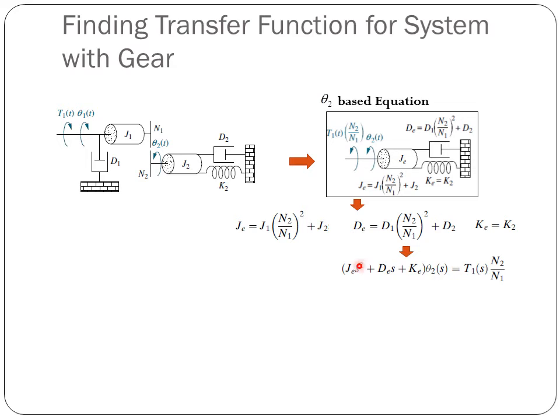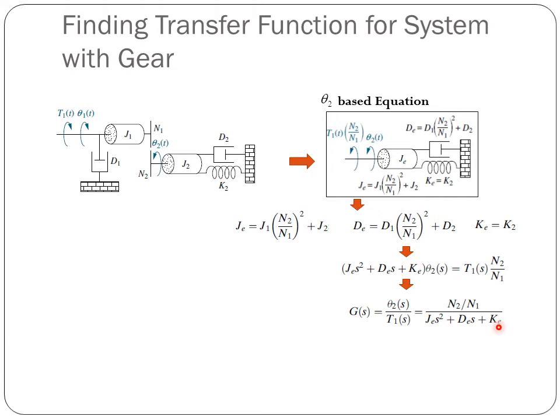So all three impedances are connected to theta 2, and then we are setting it equal to T2, which is equal to T1 into n2 by n1. Now we can easily find the transfer function theta 2 by T1. Theta 2 is our output and T1 is our input, which is equal to this one. Okay, so this is how we find the transfer function for a system with a gear.